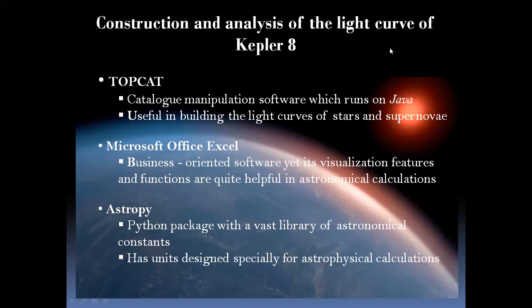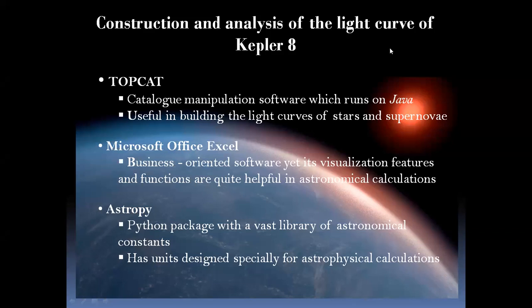of Kepler 8. TopCat is a catalog manipulation software which runs on Java. It supports file formats like CSV, ASCII, FITS, and many others. It is very useful in building the light curve of stars and supernovae.